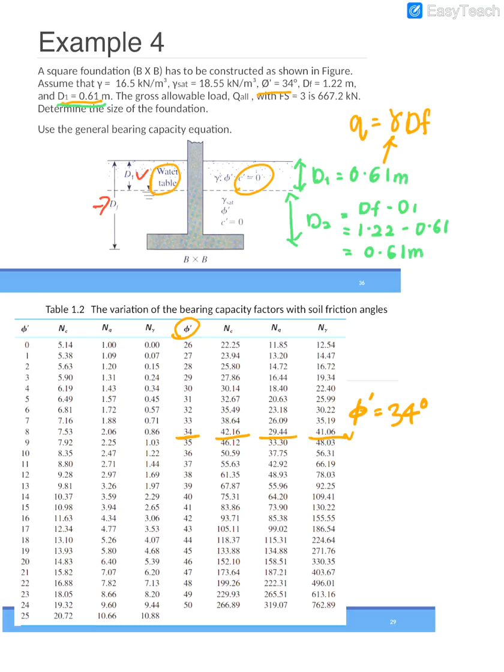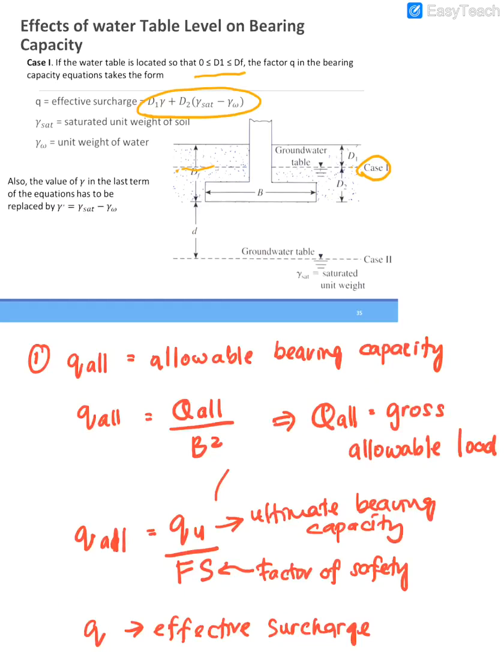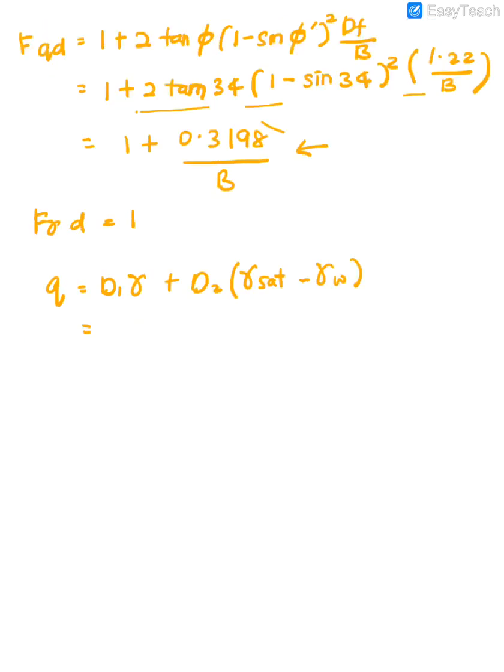Alright, substitute the values into this equation. D1 is 0.61, gamma is 16.5, plus D2 is 0.61 also, as I showed you just now.